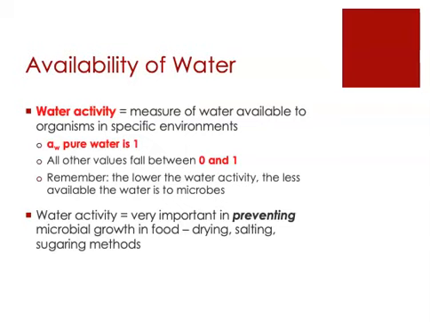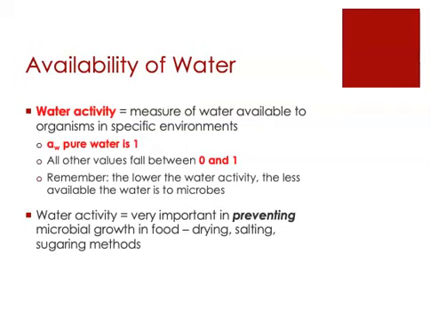There are a lot of foods that have a low enough water activity that they can be kept on the shelf, for example, and not refrigerated. You don't have to cook them before you eat them, because the water activity is so low that the chance of microbes growing in that food is very low.